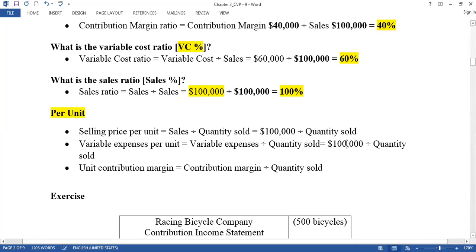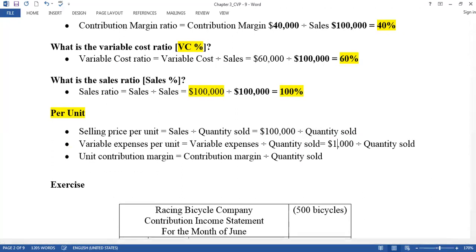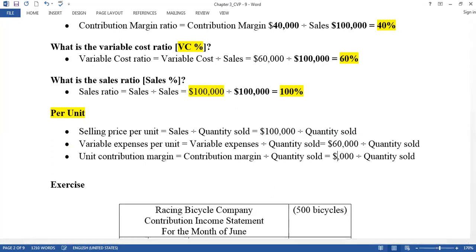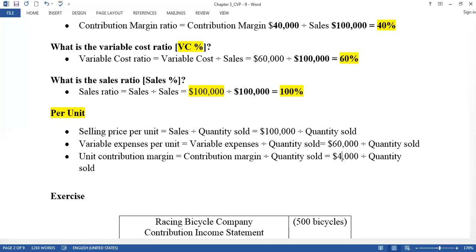The variable cost is $60,000, and the contribution margin is $40,000. These are given in the question: sales, variable cost, and contribution margin.